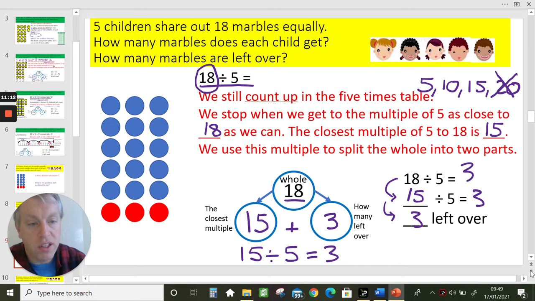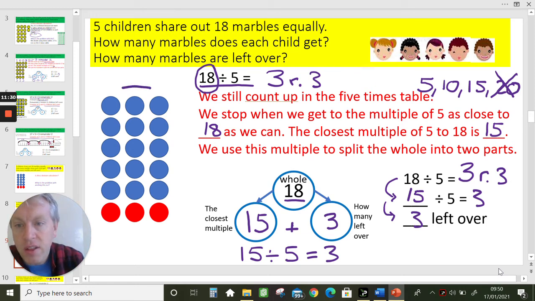So our answer is 3, and then instead of writing remainder, we can write R, 3, remainder 3. What does 3 remainder 3 mean in this context? Well, it means that one friend gets 3, the second friend gets 3, the third friend gets 3.